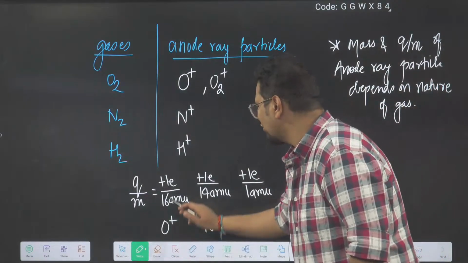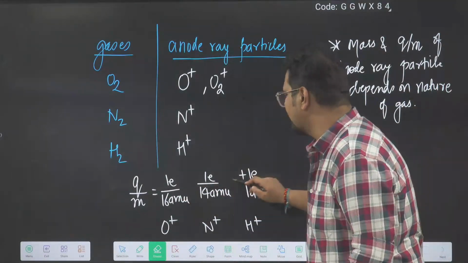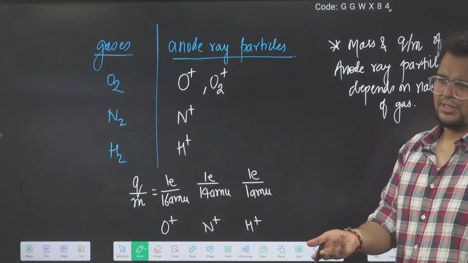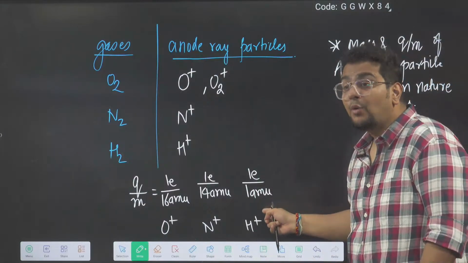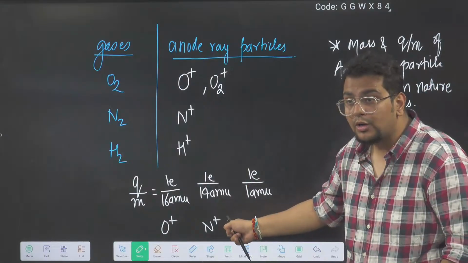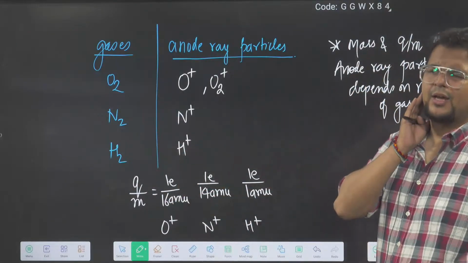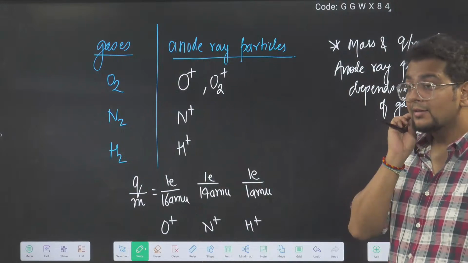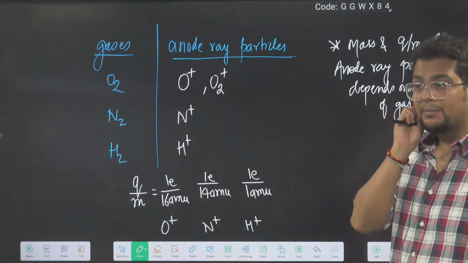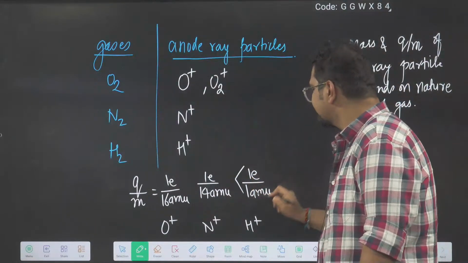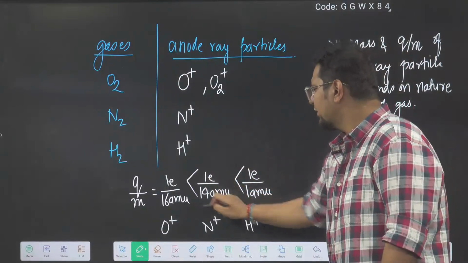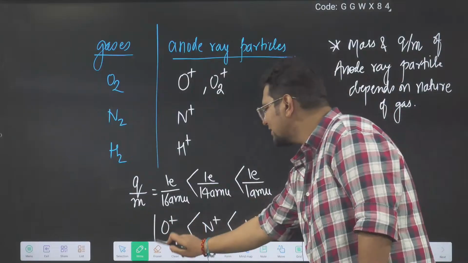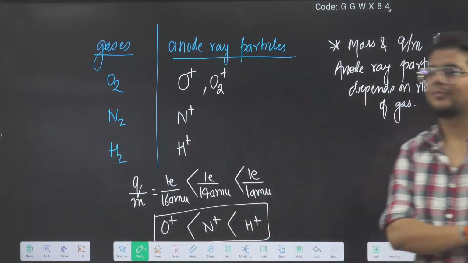The plus sign is not required because we only take magnitude of the charge, as I taught you last class in specific charge. Units are the same, e by amu. Which is maximum, 1, 1 by 14, or 1 by 16? 1 is maximum, then 1 by 14, then 1 by 16.